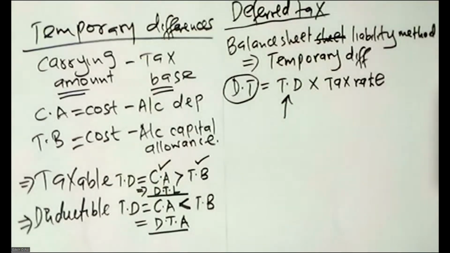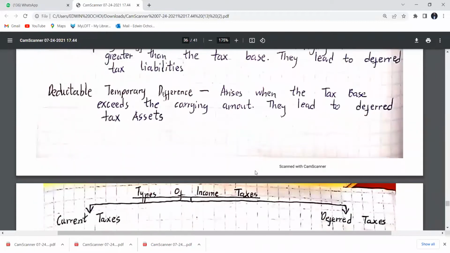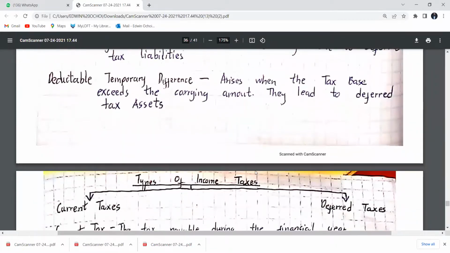Before we go to deferred tax, which I mentioned because of this aspect of temporary differences, we need to understand something called current taxes.